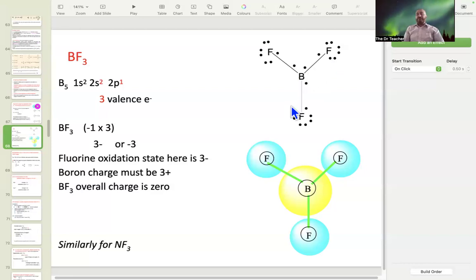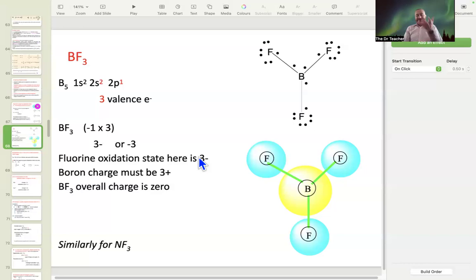So the BF3 structure is, you see, this is the structure of it, and the boron, the central atom, lost 3 electrons for the fluorine. Fluorine oxidation state here is -1.